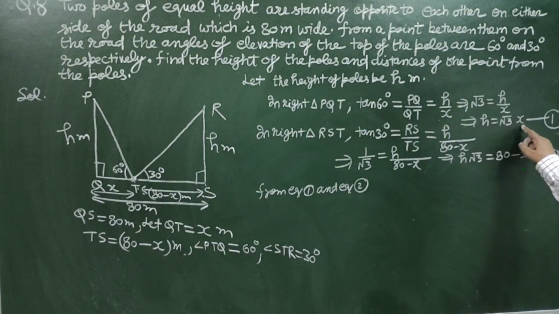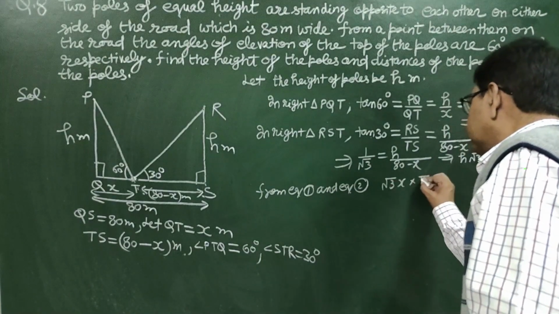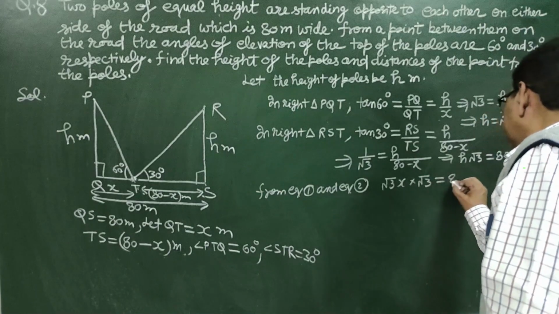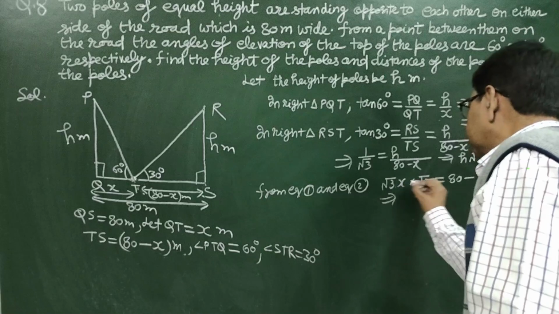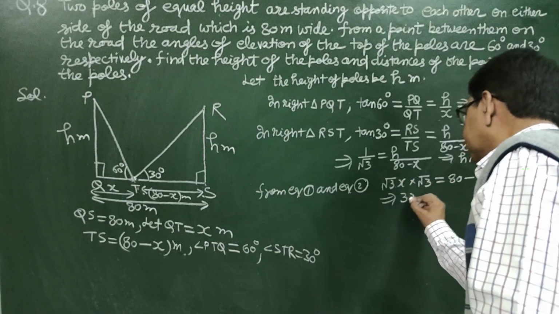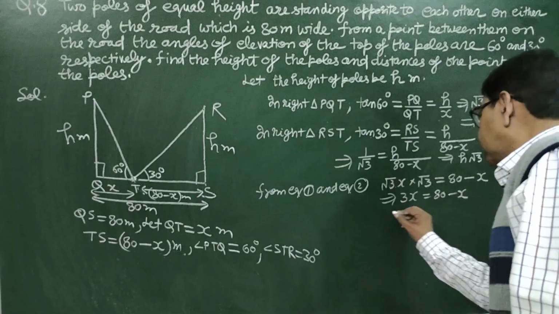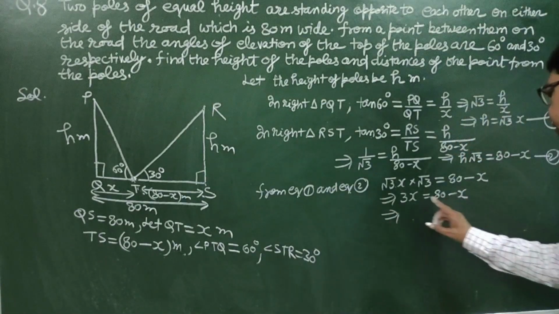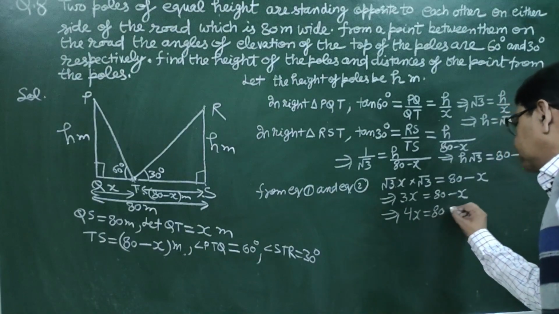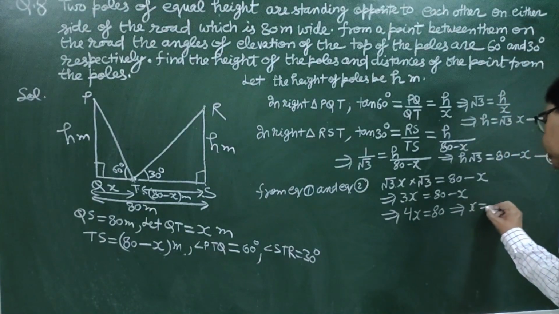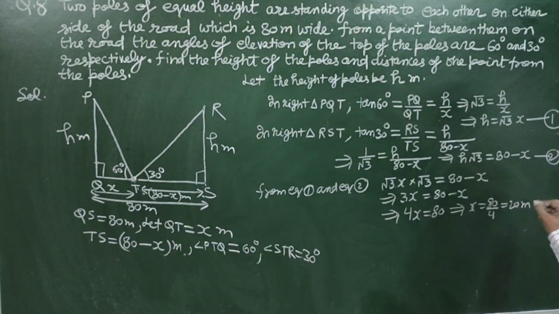The value of h is root 3 x. So root 3 x into root 3 is equal to 80 minus x. That is, root 3 and root 3 is 3, so 3x is equal to 80 minus x. Transposing to the other side, 3x plus x, that is 4x, is equal to 80, which implies that x is equal to 80 upon 4, which is 20 meters.